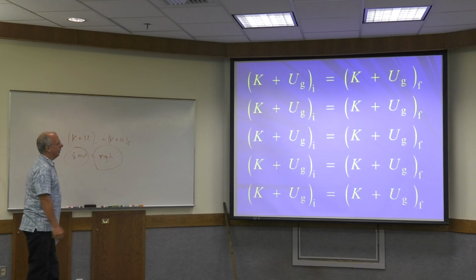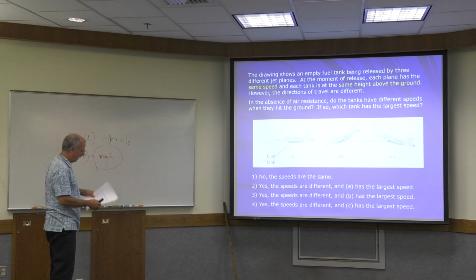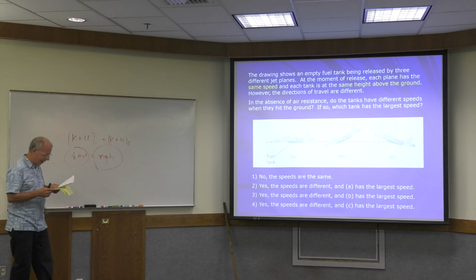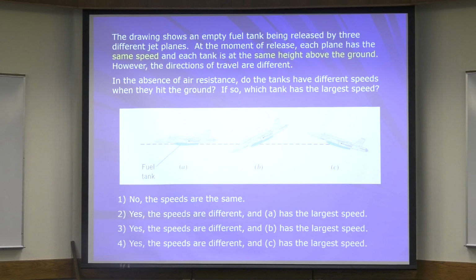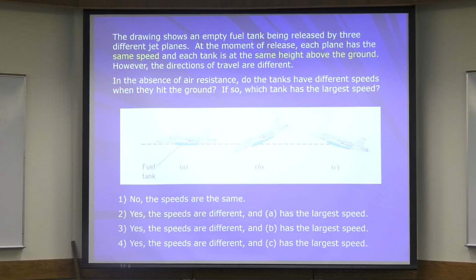Oh, yeah, okay. All right. Now this is my favorite problem, for a while, anyway. The drawing shows an empty fuel tank being released by 3 different jet planes. At the moment of release, each plane has the same speed, and each tank is at the same height above the ground. However, the directions of travel are different.